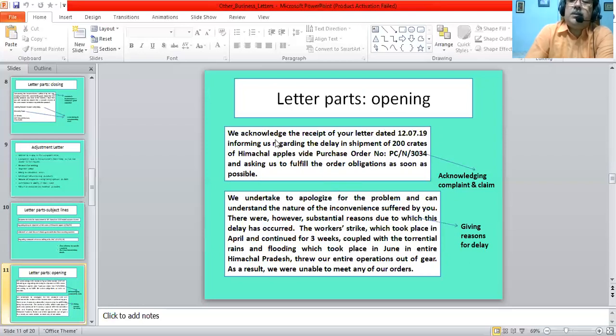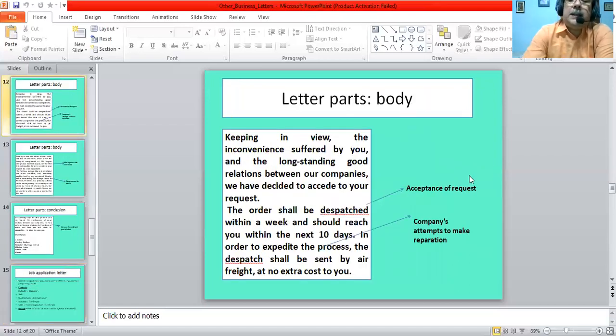Obviously, the company also expresses regret for the problem which has taken place and undertakes to say that this kind of problem obviously shall not take place again. In the body of this letter, then the letter goes on to talk about whether the claim shall be accepted or not. Now, let's read this extract to find out what is mentioned.